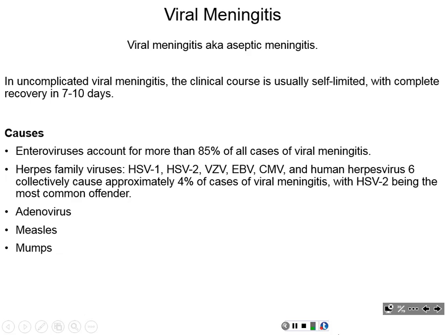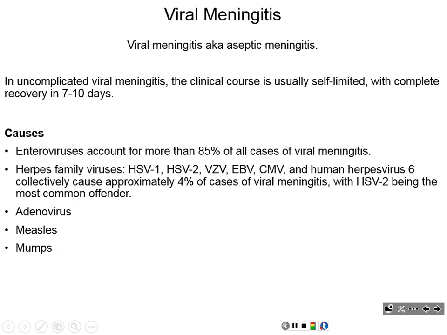So the causes here, a lot of times viral meningitis gets called aseptic meningitis, and this is because a lot of times we can't figure out what it actually is before the patient's better, and we don't care anyway. But in those that we can identify, 85% of them are enteroviruses.